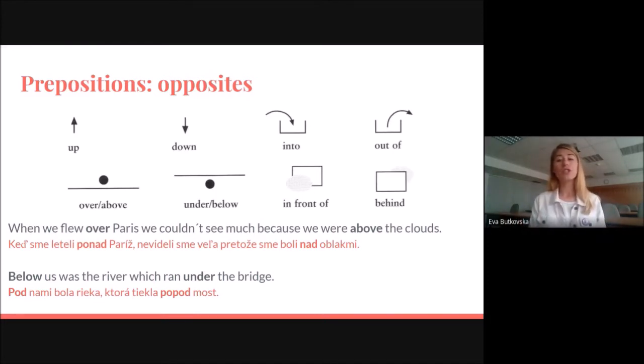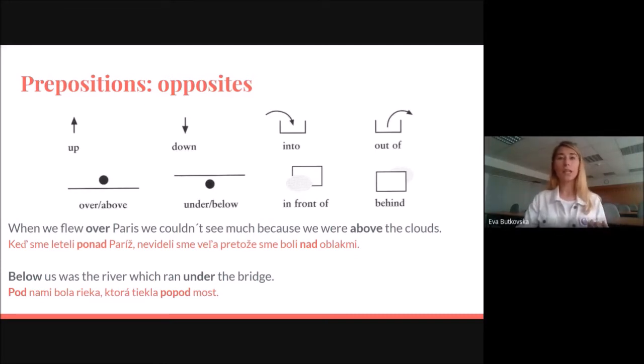Then we have the prepositions in front of and behind. So the marker is in front of me, or the marker is behind me. And the prepositions over and above. These two have very similar meaning. Most of the time you can switch them, so use over or above.